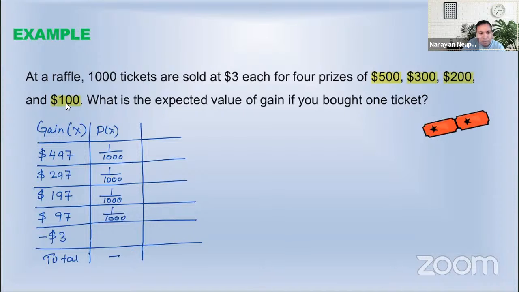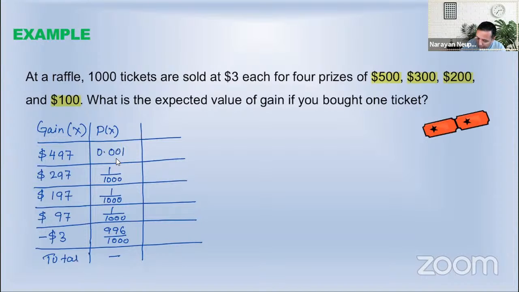And the last one is 996 out of 1,000. Right? 996 out of 1,000. You can write the probabilities like this, or this one, 1 over 1,000, you can write that as 1 divided by 1,000 is 0.001. You can also write like that.